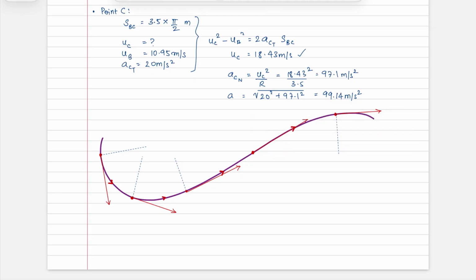So your normal component is going to be perpendicular to the velocity. And essentially, you can consider at every instant that there is a circle here that represents just that section of the motion. Okay, so this here's me trying to draw a circle for this part of the trajectory.